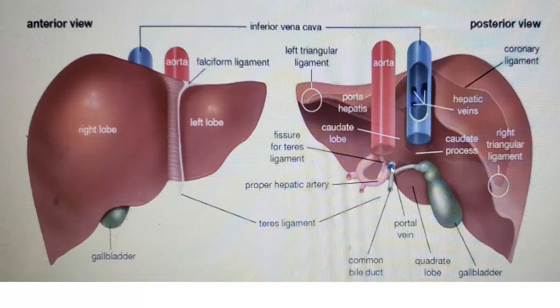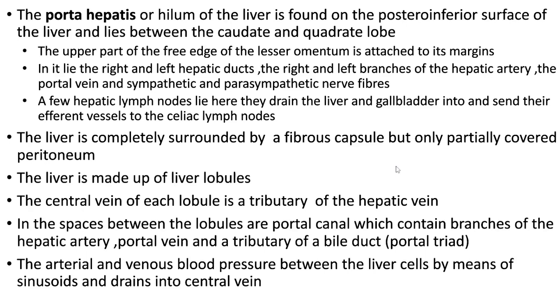There is a caudate lobe, and a transverse groove that divides the caudate and the quadrate lobe, and in between them there is the porta hepatis. We will discuss it later. The porta hepatis or hilum of the liver is found on the posterior inferior surface of the liver and lies between the caudate and the quadrate lobe.